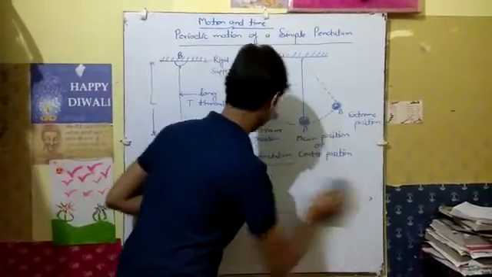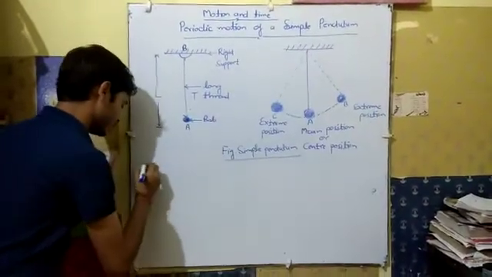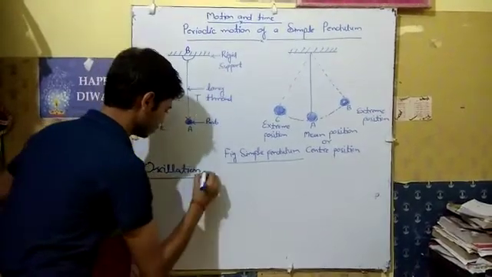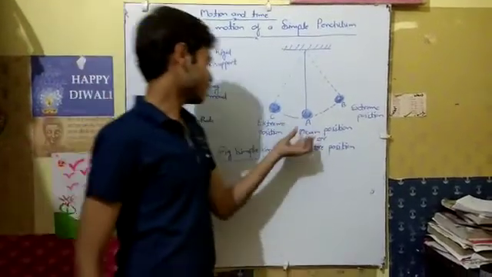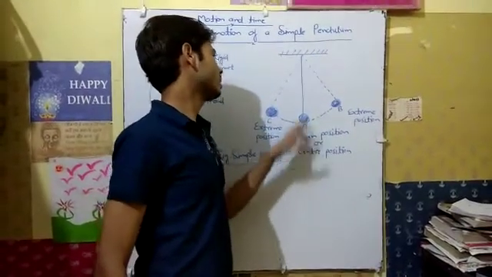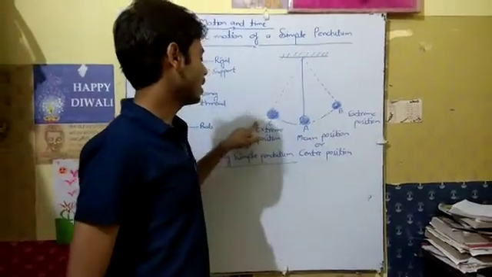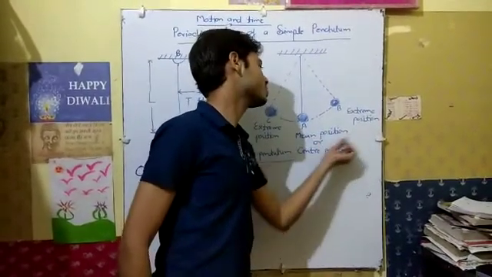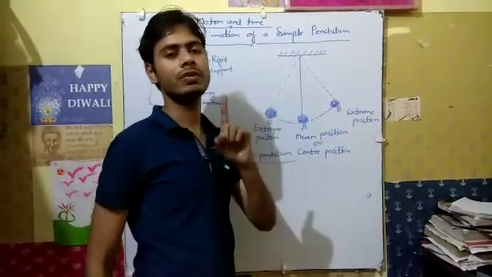Now next we understand what is oscillation. We see here, this is the mean position and this is the extreme position. When a bob goes from its mean position to the extreme position, then from the extreme position to the mean position, and again from the mean position to the extreme position and back to the mean position, then it completes one oscillation.